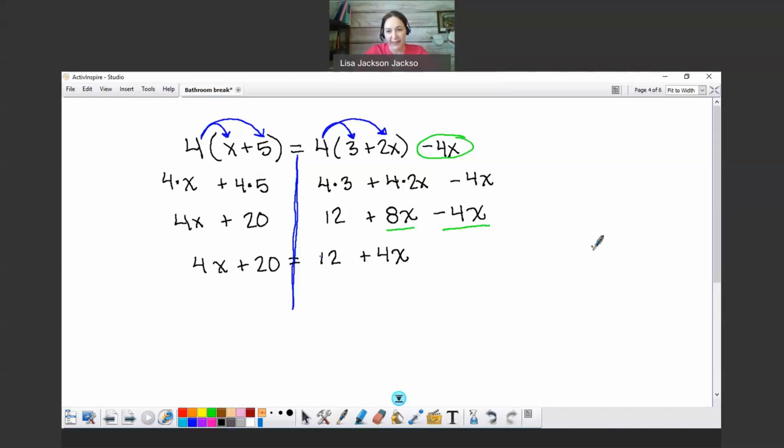It's my recommendation that we add or subtract to get x terms or y terms, your variable terms, on the left of the equal sign.